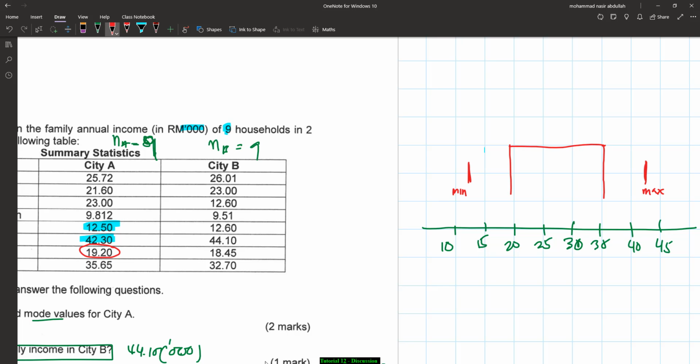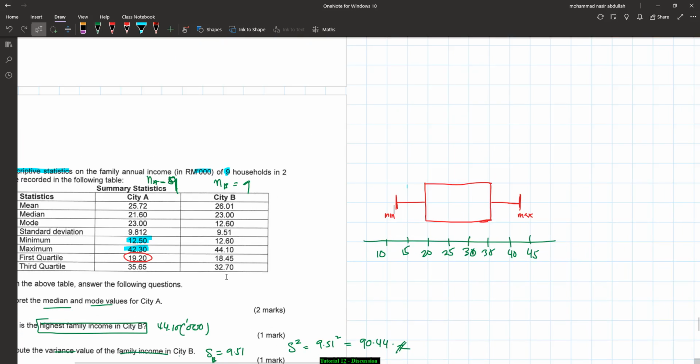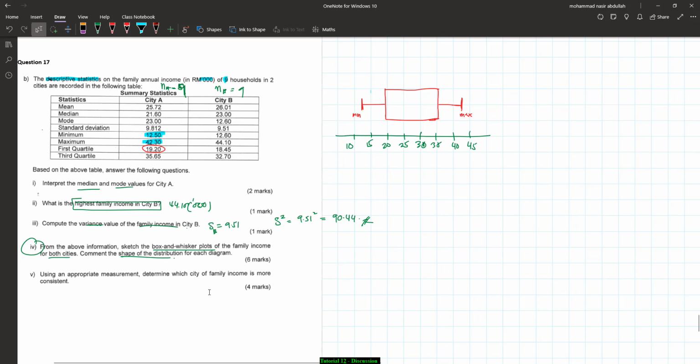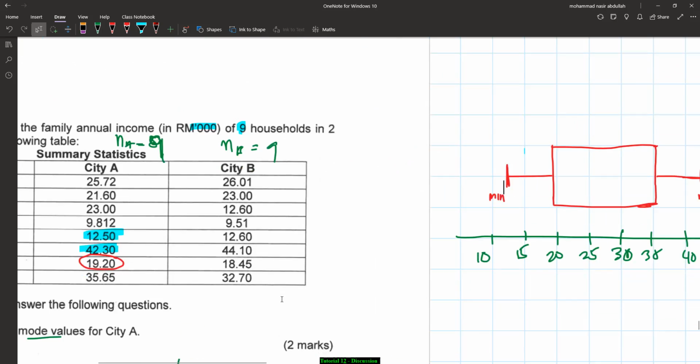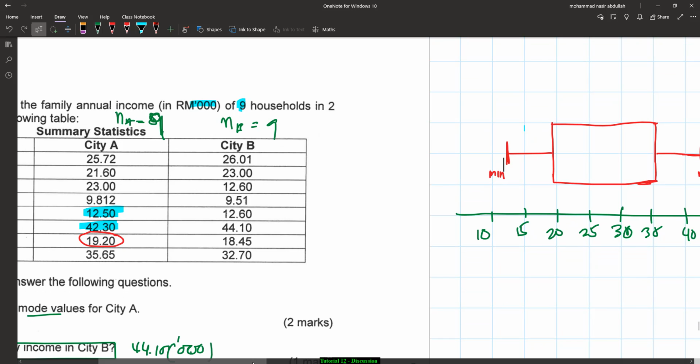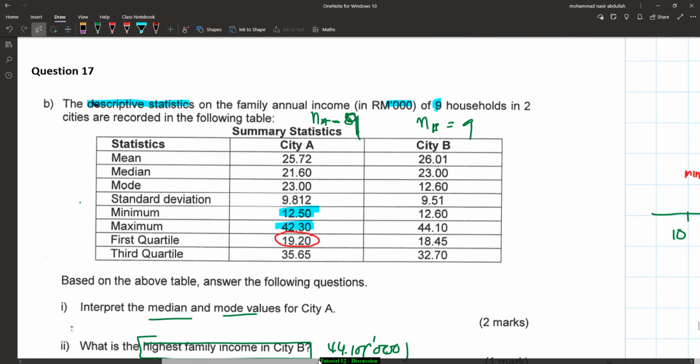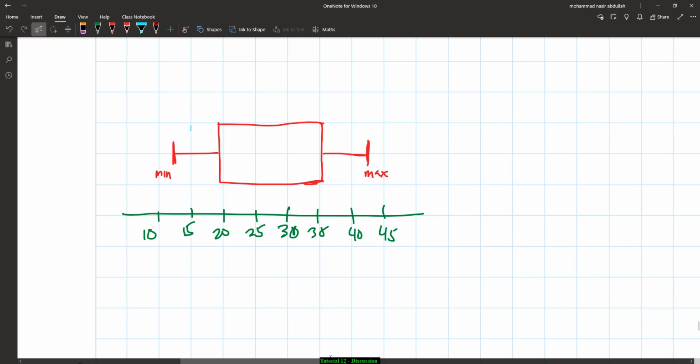It asked us to draw a box and whisker plot, right? Yep. And the median should be, what was the median? Median is 21.6. 21.6 somewhere here.